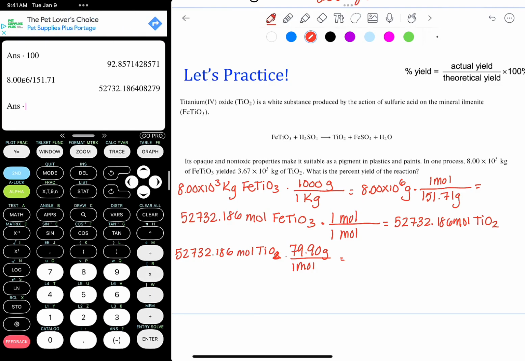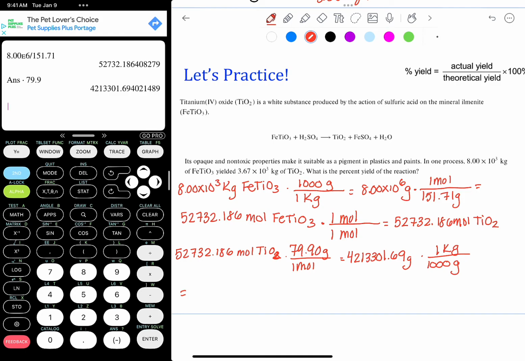So we'll multiply that by 79.9 and get out 4,213,301.69 grams. And to convert it to kilograms, we're going to divide by 1,000.